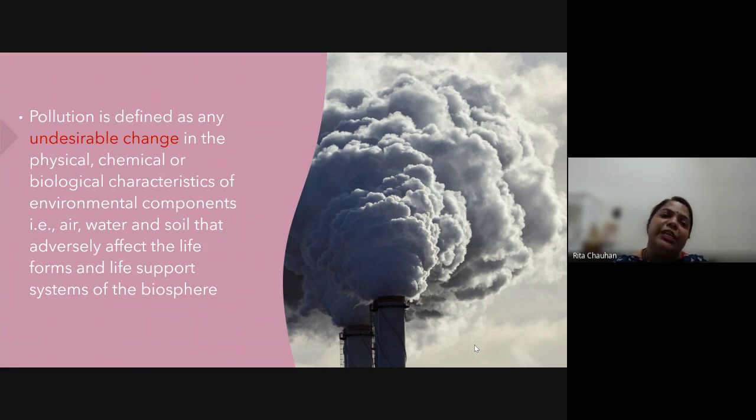So if there is a change in biological characteristics, if there is a change in the species composition of an environment, then also it is pollution. So it can be air pollution, water pollution, soil pollution.